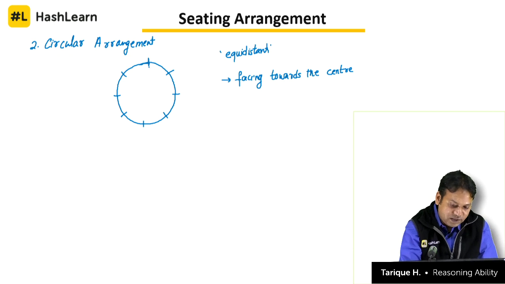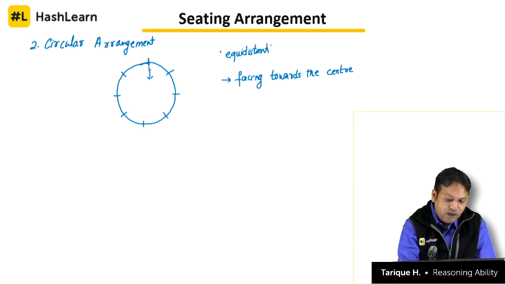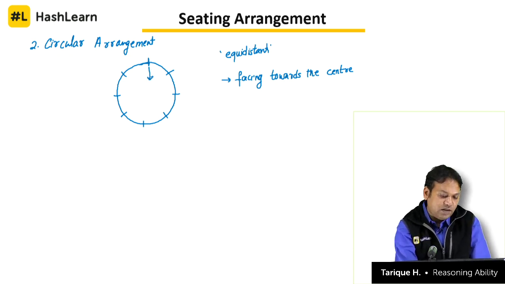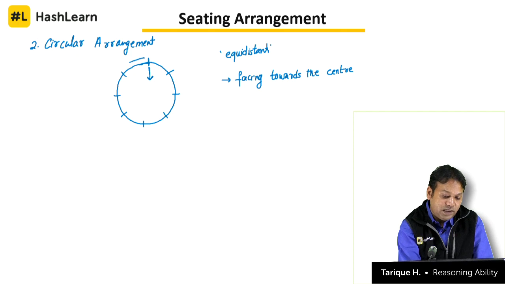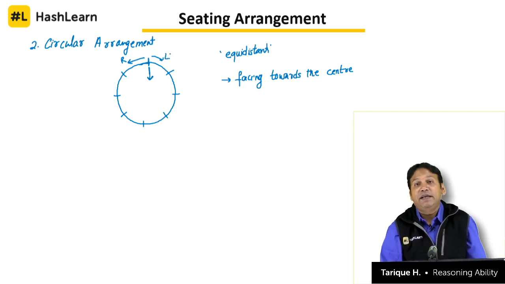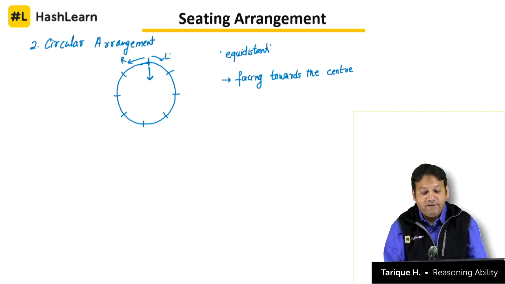Let's say this person is facing towards the center. Now you can see that he is facing south in a way. So right will be towards the anti-clockwise. This will be your right and this will be your left. So right will be in the anti-clockwise direction and left will be in the clockwise direction when a person is facing towards the center.